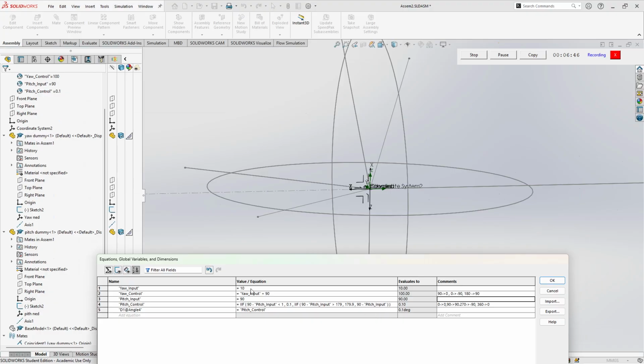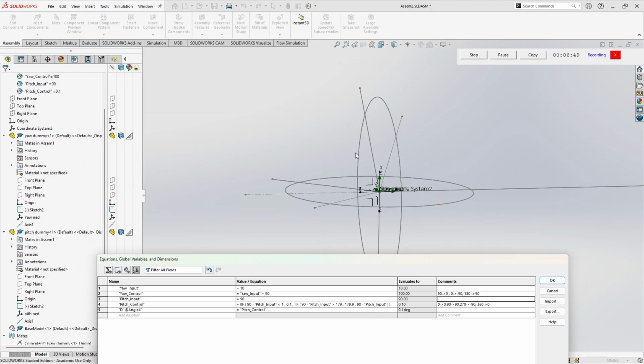So 90 means it will be 0.1 degrees off, so instead of 90 it will actually be 89.9, right? And if we go minus 90, the same situation. Minus 90 means again we are limiting at minus 89.9.